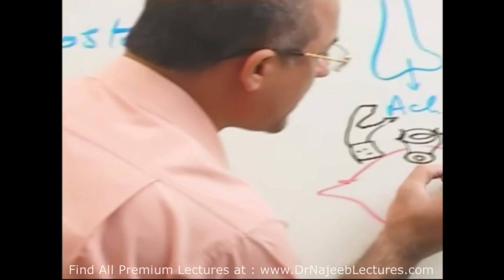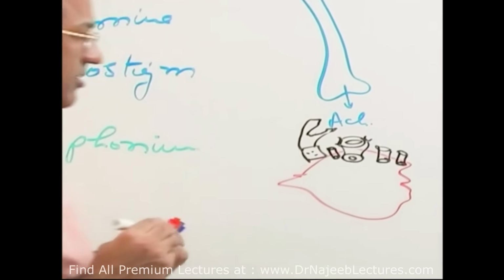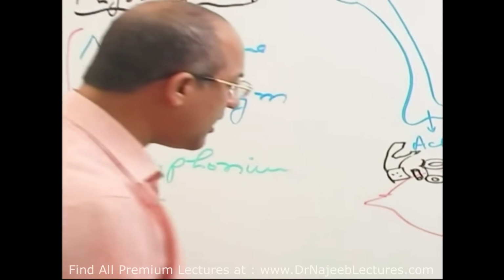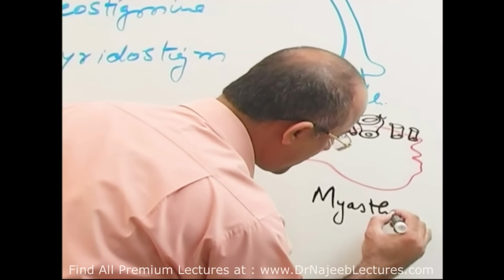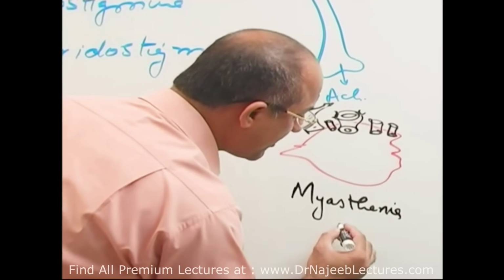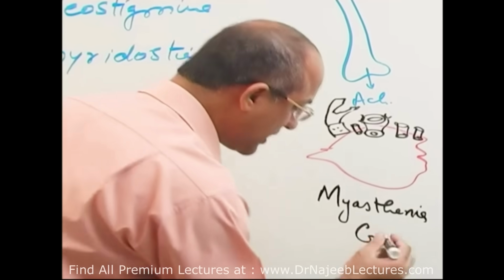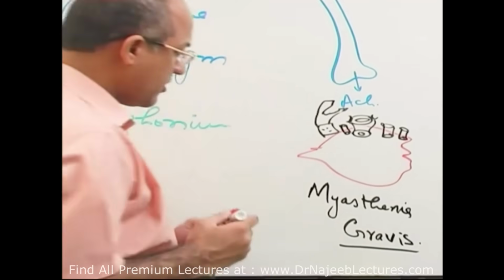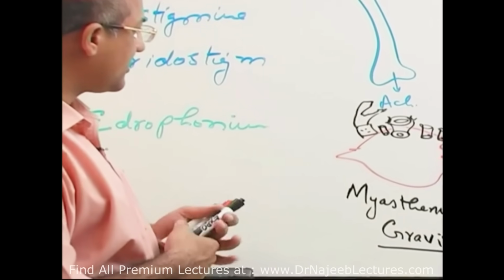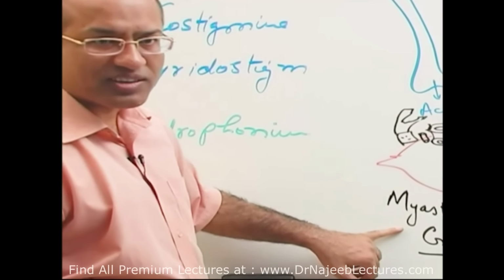At neuromuscular junction there are many nicotinic channels. There is a disease called myasthenia gravis. Myasthenia means weakness. Gravis means very grave, very serious weakness. Myasthenia gravis, what really happens is that unfortunately autoantibodies are formed.